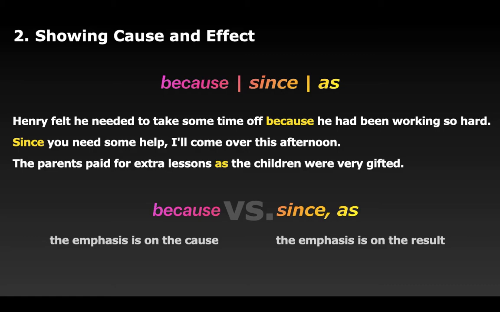That's the most important thing you want to emphasize, and the reason becomes secondary in terms of emphasis. Okay? Yeah, you can think of some examples. In fact, after this video, I'm going to be asking you to write some of your sentences. So take note of this difference, okay?